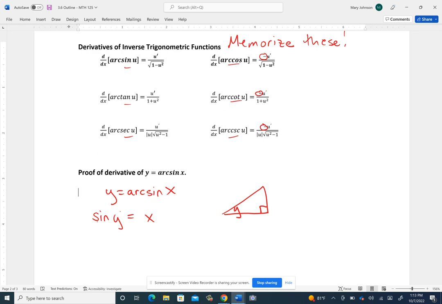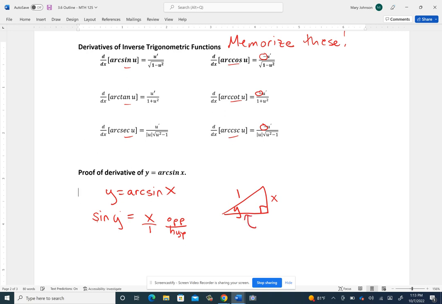And the sine ratio turned out to be x, which is like x over 1. So take your right triangle and think about that. Sine is opposite over hypotenuse. So on my right triangle, I would put the x across from the angle y, and I would use 1 as the hypotenuse.